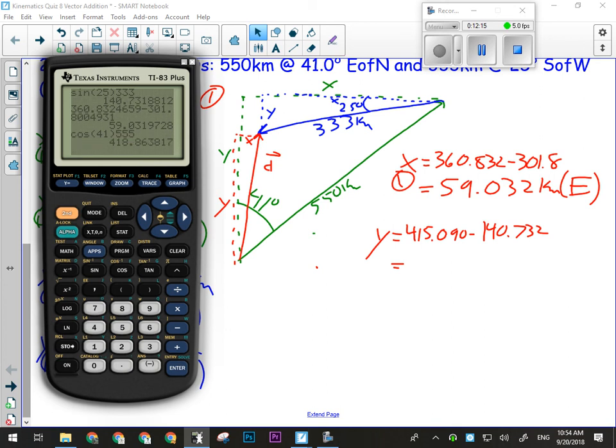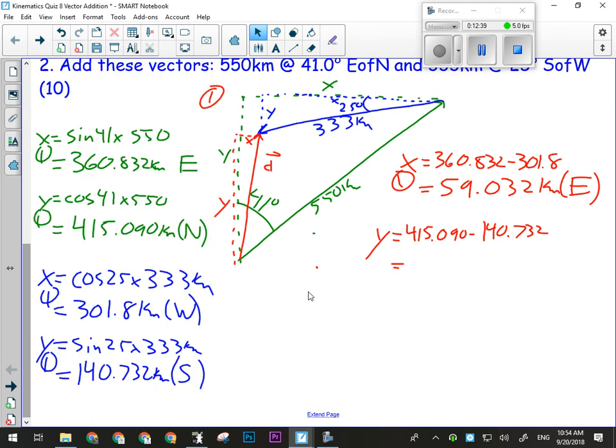Whoops, not 555. Minus. Oh, and then I lost that other number because I couldn't type right. Sine of 25. All right, so we're looking at 274.358 kilometers, and that is north.